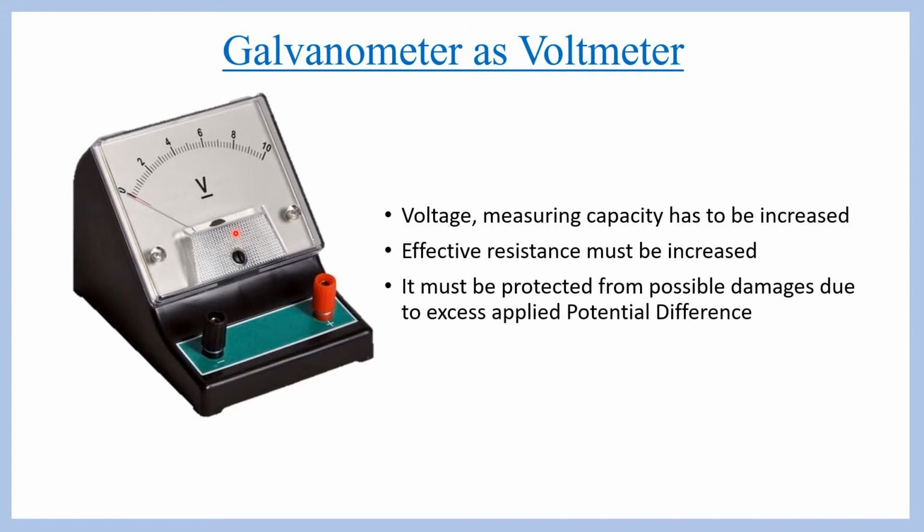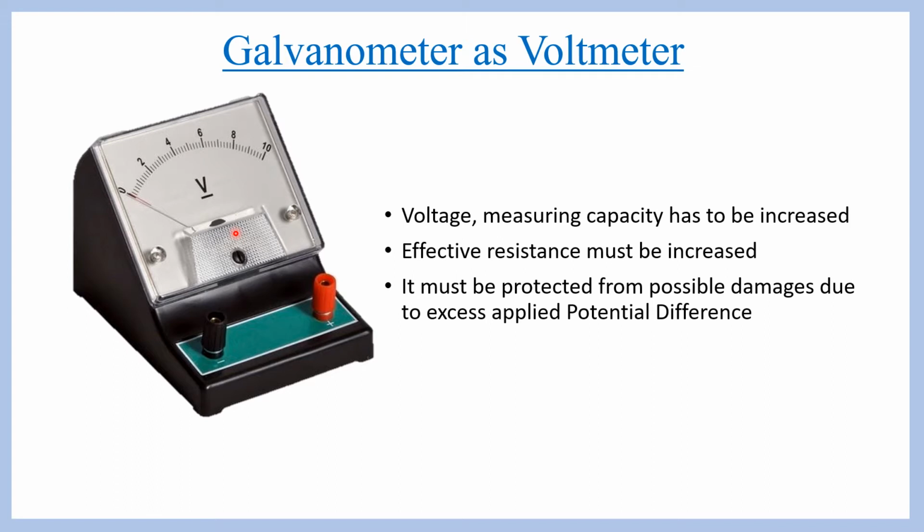When you are connecting a galvanometer in a circuit, it is capable of detecting the presence of very small PD through the circuit, that means it has a very low voltage measuring capacity. So when we are converting that into a voltmeter for measuring only voltage or potential difference, you have to increase the voltage measuring capacity of the instrument.